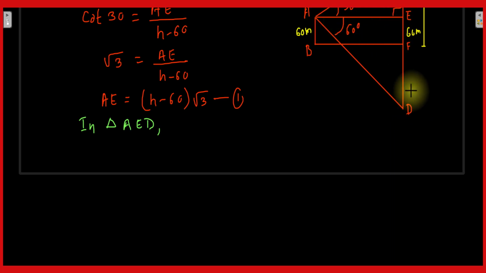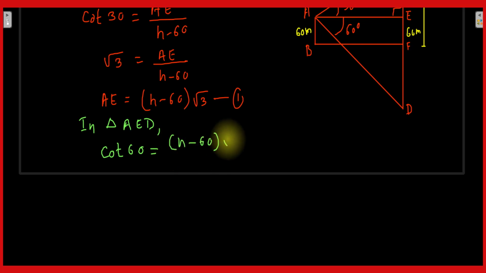Adjacent is AE and opposite is ED. So cot 60 is equal to (H minus 60) into root 3, which is the AE we have got here, upon this ED.